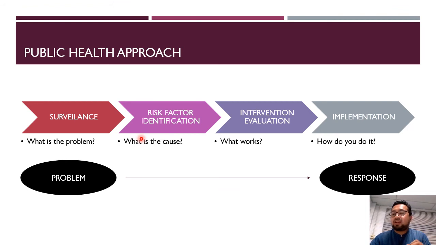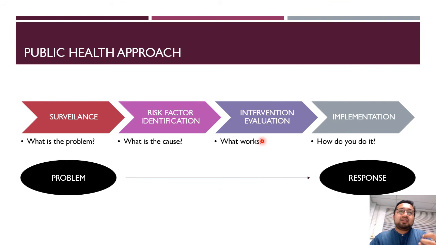We want to know the risk factors. Sometimes it is multifactorial. Sometimes a disease is not caused by only one factor. Sometimes it is influenced by other environmental conditions or the person's age, comorbidity. So all of these need to be assessed, and that's how we can know the risk factors which cause the disease.